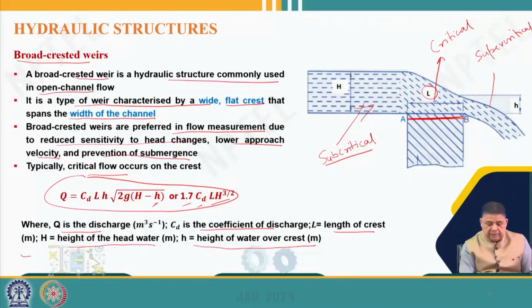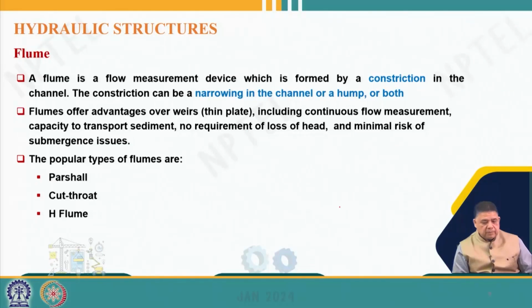So, basically we make these two measurements, the headwater head and height of water over the crest, and then we can find out the discharge using the broad-crested weirs.